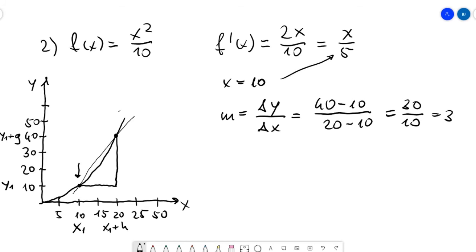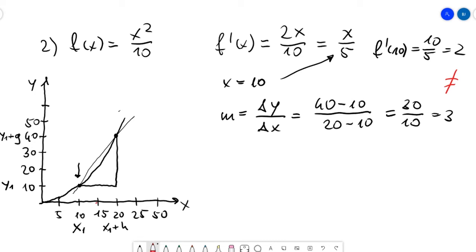If we plug the 10 in here, we see that the derivative at point 10 is 10 over 5, which is 2. So we see this is not the same. Let's try it with a different interval.